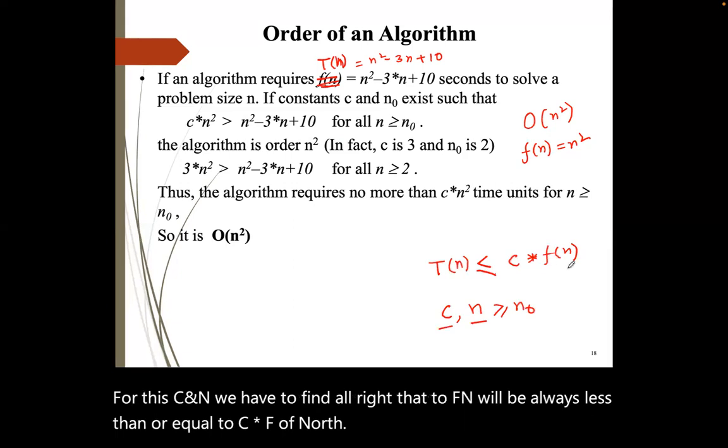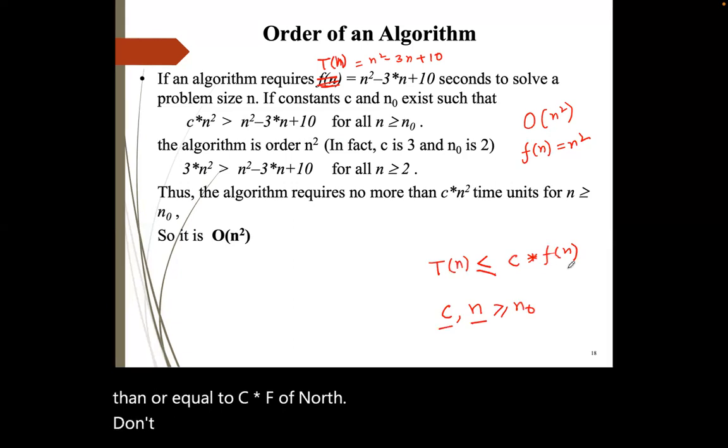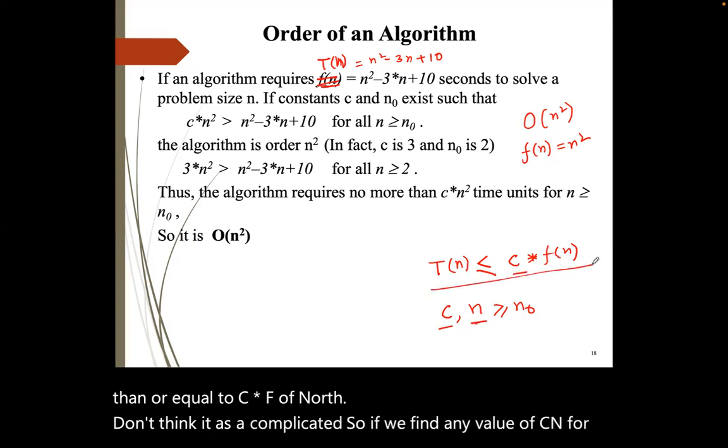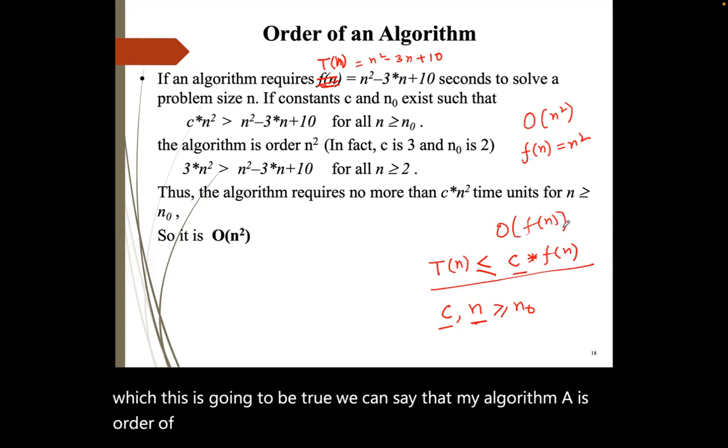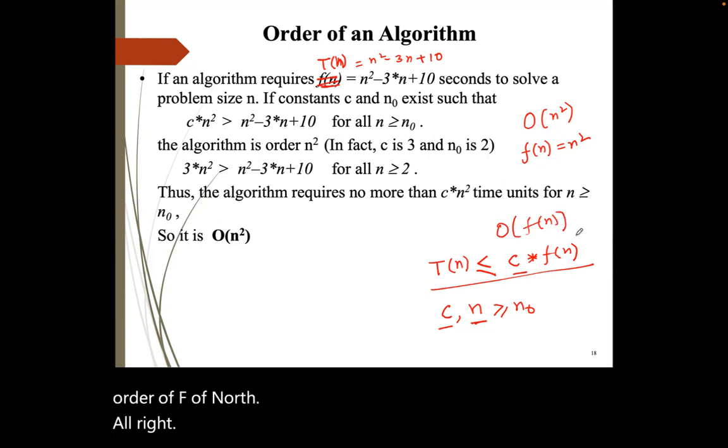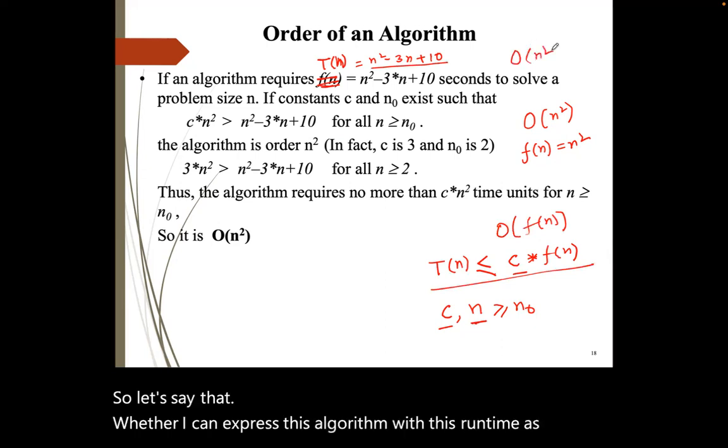Don't think of it as complicated. If we find any value of c and n for which this is going to be true, we can say that my algorithm A is order of f of n. So let's see whether I can express this algorithm with this runtime as order of n square.